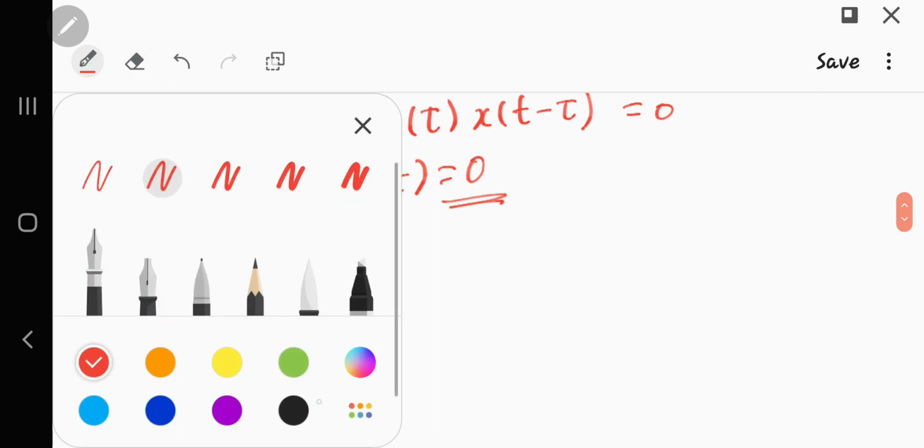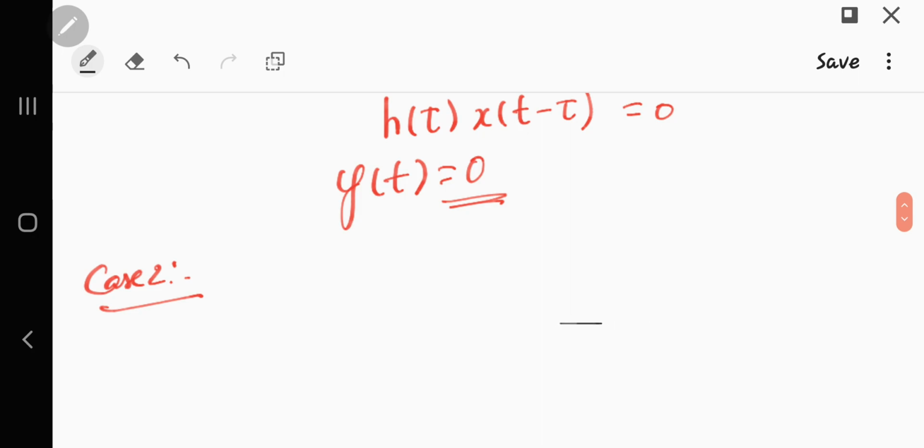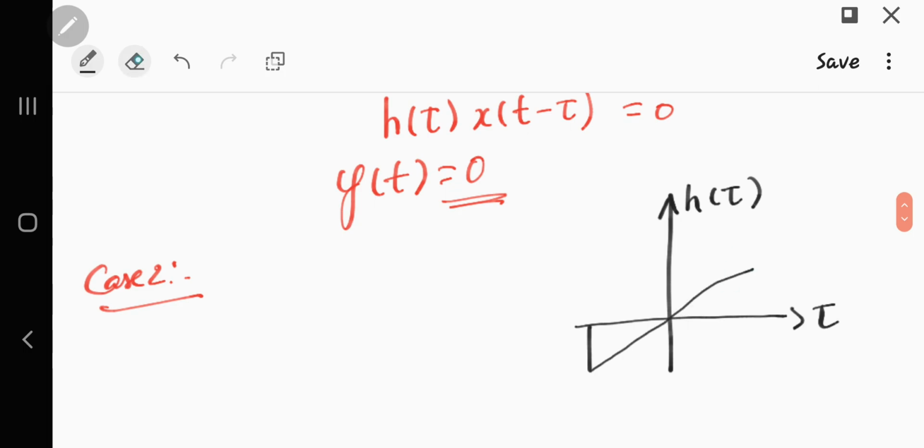First I will plot my static signal here, h of tau, from minus 2 to 1. The amplitude is plus 2 here, and here it is minus 2.